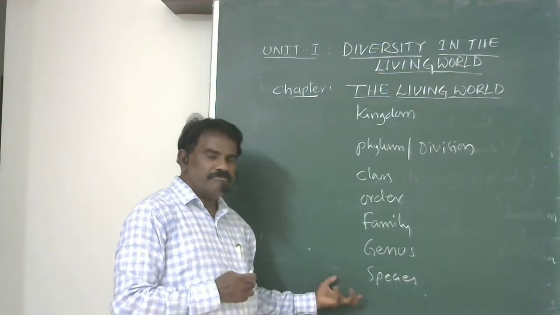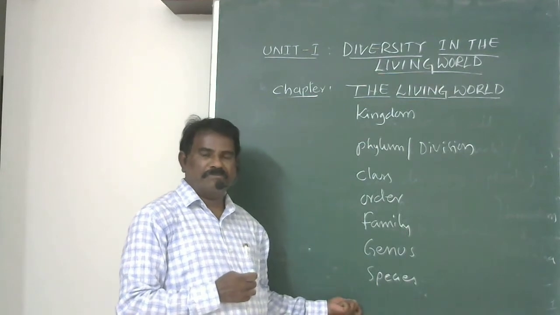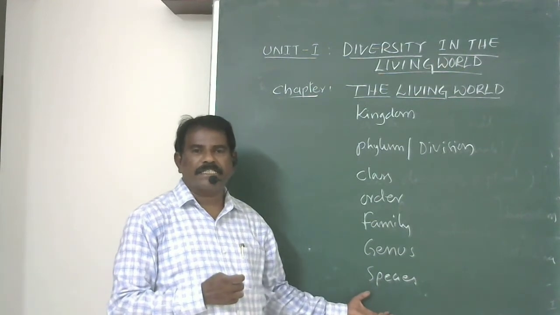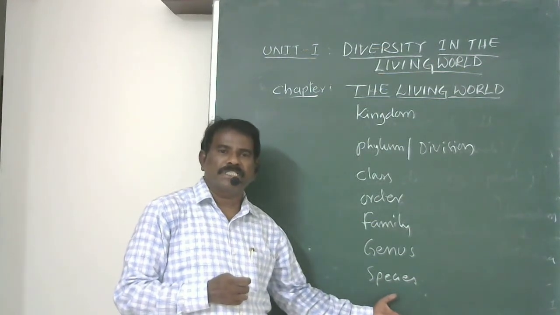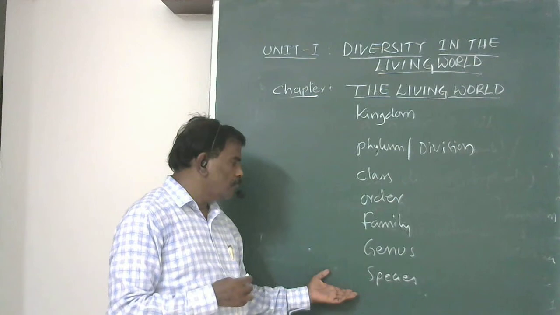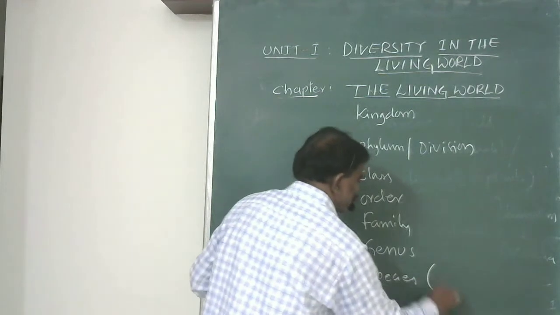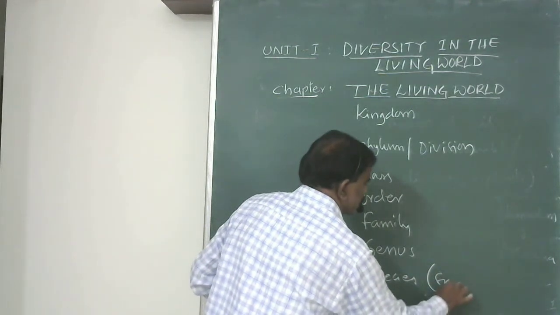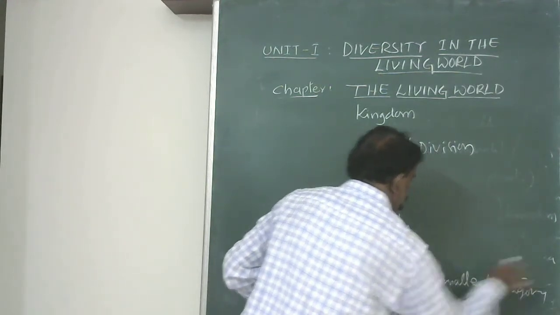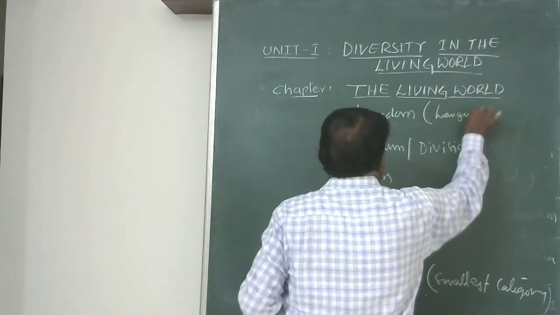When we reach the lowest rank, species, we can observe the maximum number of similarities among the individuals. At the same time, when we go from the lower taxon to the higher, species is the smallest category and kingdom is the largest category.